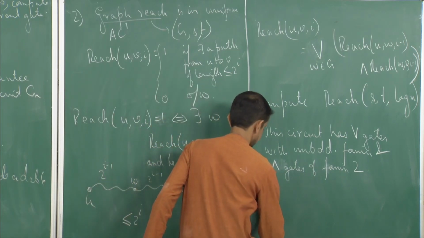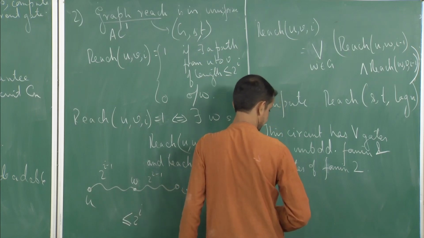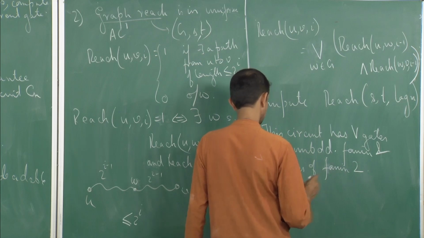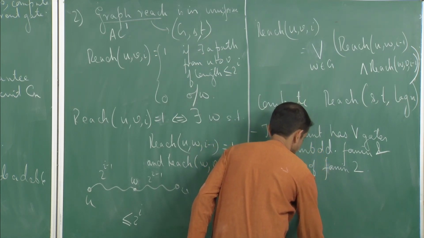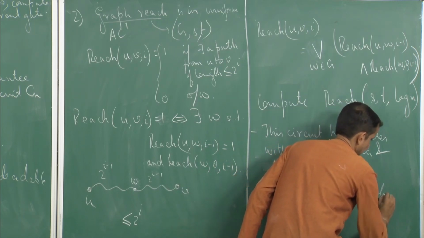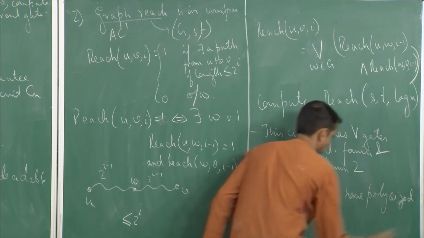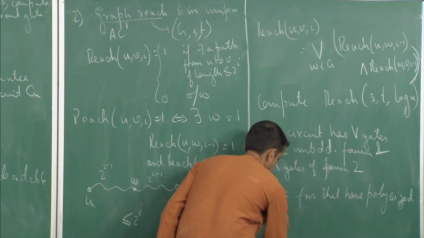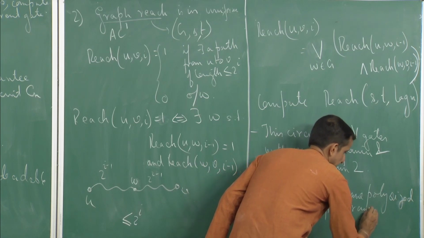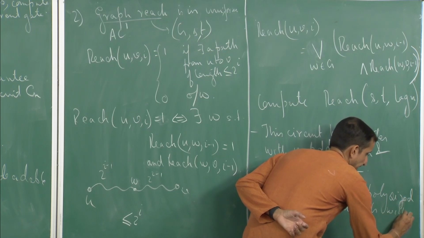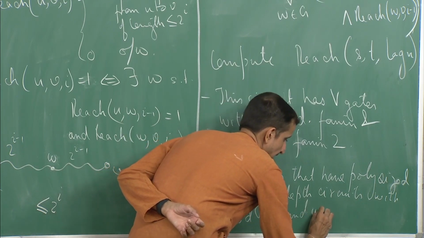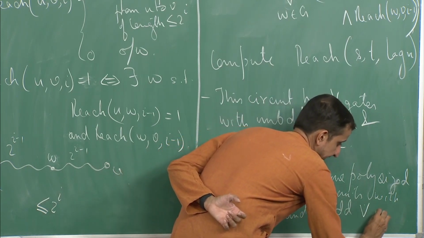Okay, so SAC1 is the class of functions that have polysize, order log n depth circuits with bounded AND and unbounded OR gates.